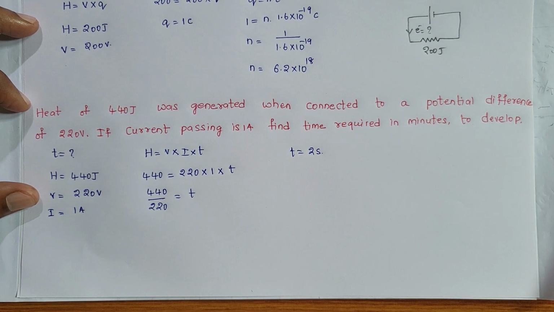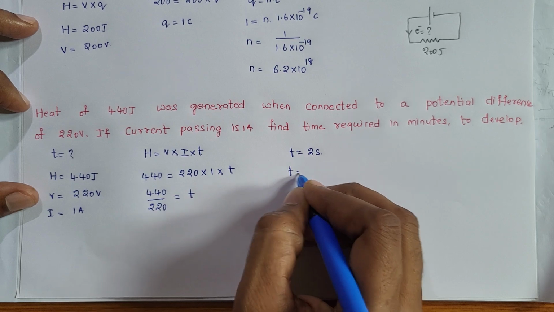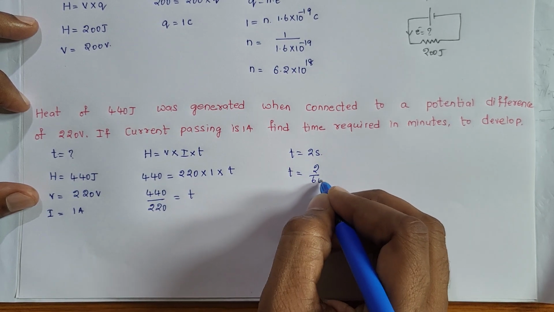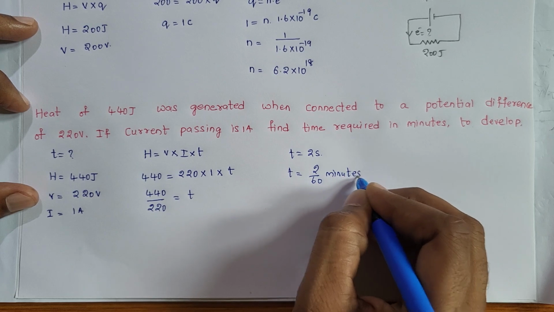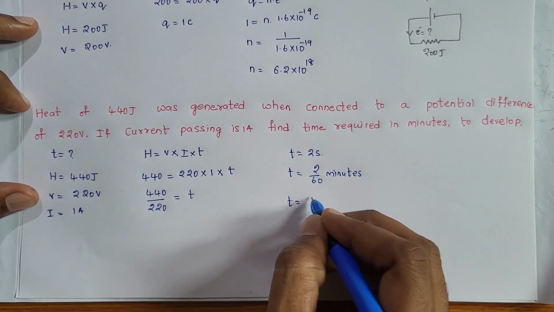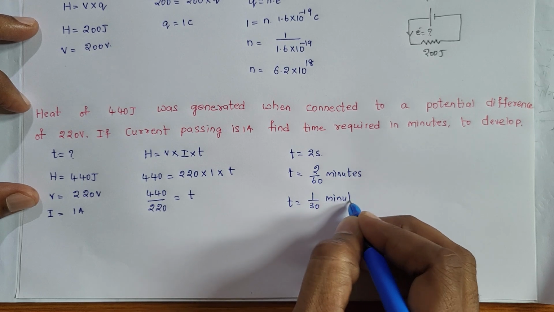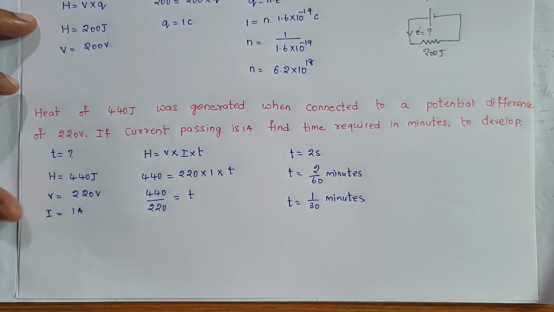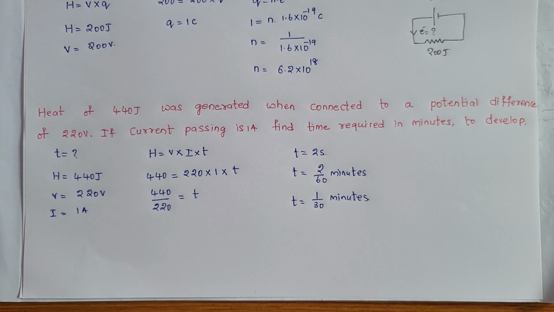We have to convert it into minutes. How to convert it into minutes? T is equal to 2 divided by 60 minutes. So T is going to be 1 divided by 30 minutes. Okay. So this is how we'll solve some problems on heating effect of electric current.